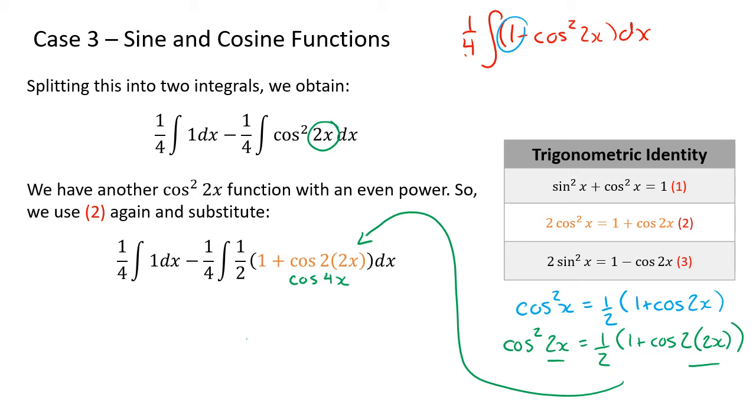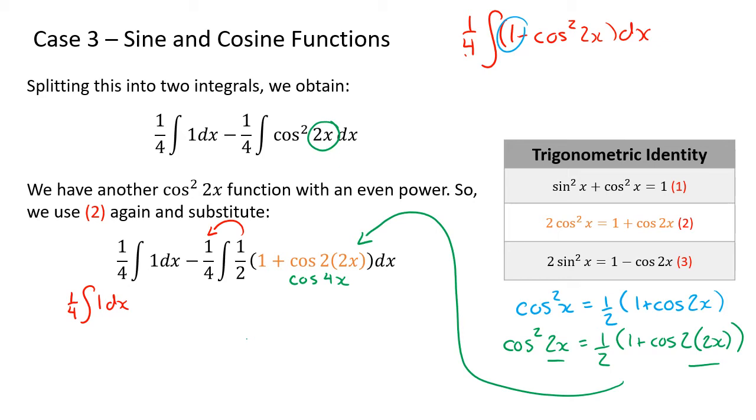So now, again, we can do a couple things. First, we have the integral of 1/4 times the integral of 1 dx. That doesn't change. But the second one can now be broken up into two integrals. So we can move the 1/2 out of the integral.